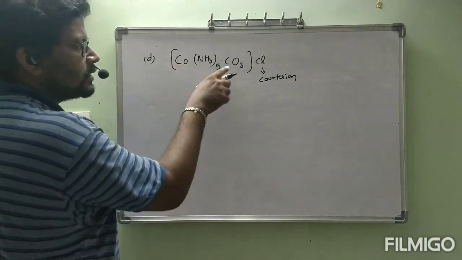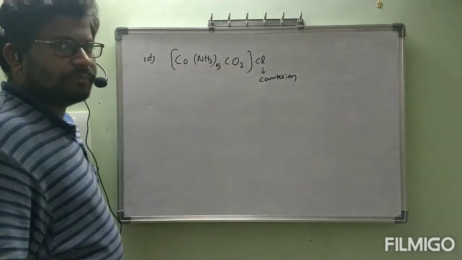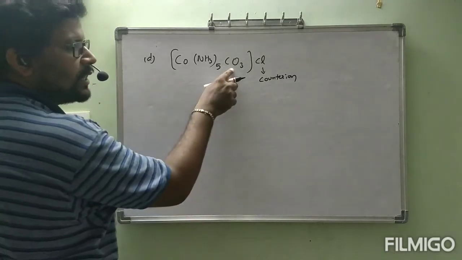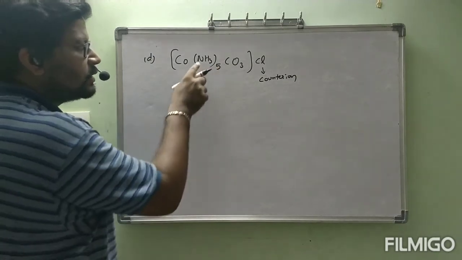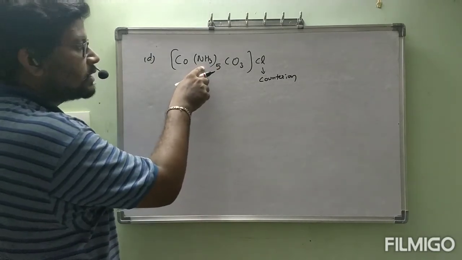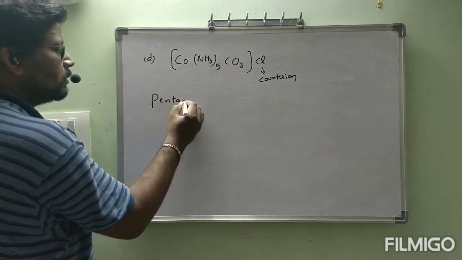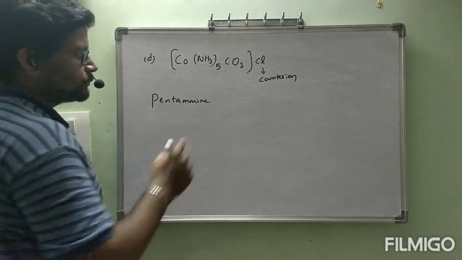This is cobalt. CO3 is nothing but carbonate, a negative ligand. This is amine, in alphabetical order. How many amine groups are there? 5, so pentaamine.